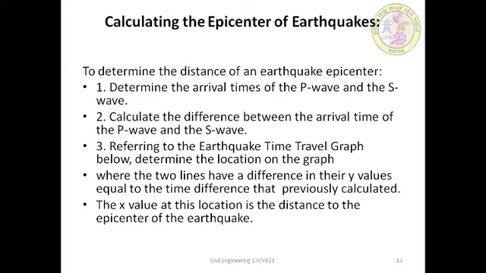In this case we have to determine the location on the graph where the two lines have a difference in y values equal to the time difference calculated between the P wave and S wave arrival times, and where x is the epicentral distance.